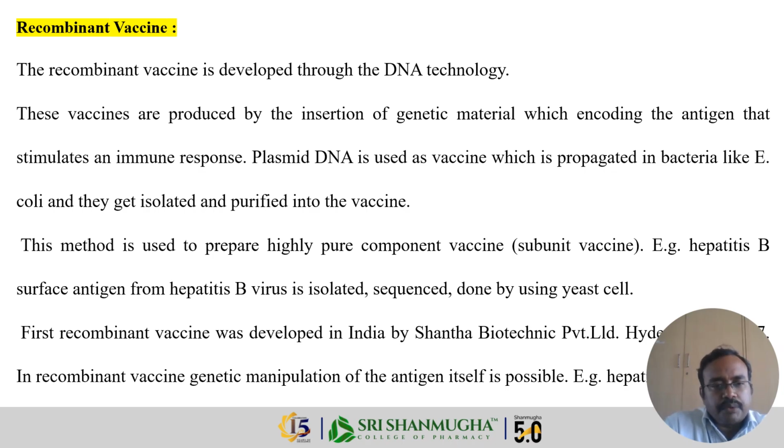This method is used to prepare highly pure vaccine components. For example, in the hepatitis B vaccine, the surface antigen from the hepatitis B virus is isolated, sequenced, and expressed in yeast cells. The first recombinant vaccine in India was developed by Shantha Biotechnology, Hyderabad. In these recombinant vaccines, genetic manipulation of the antigen itself is possible, as in hepatitis B.